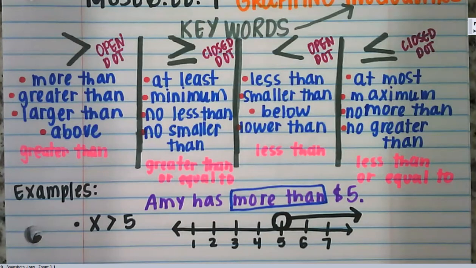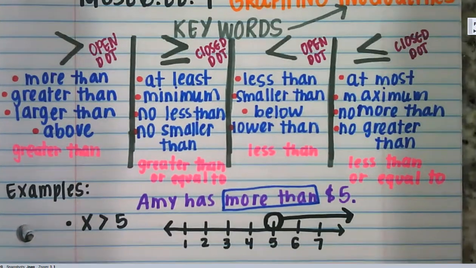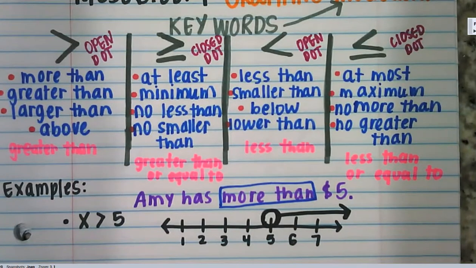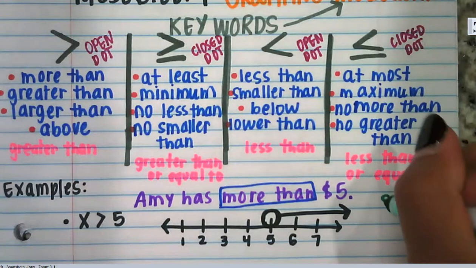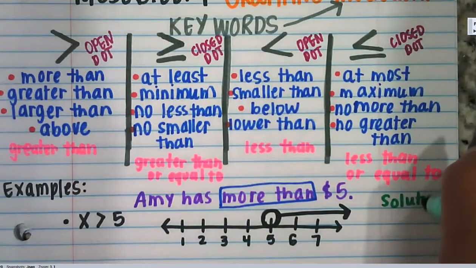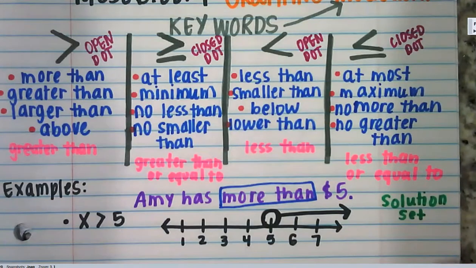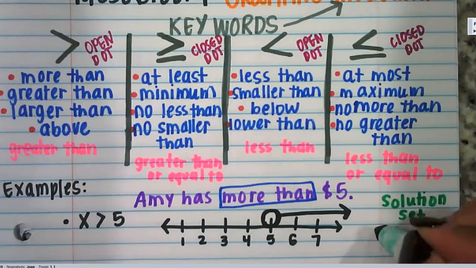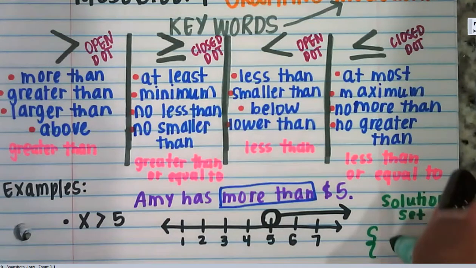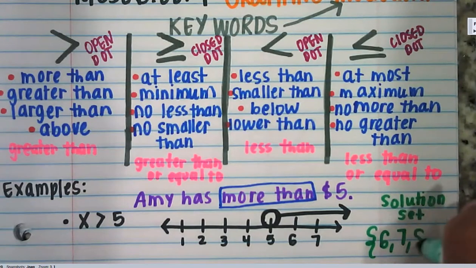So now that brings up another thing that we can talk about, and that is called our solution set. So let's write that down as well. Our solution set. Now our solution set, if Amy has more than $5, she has $6, $7, $8.